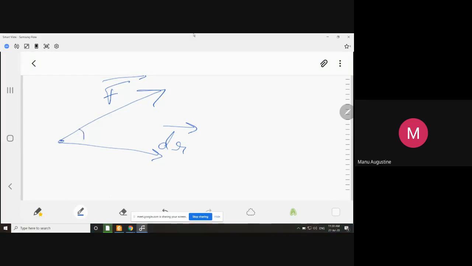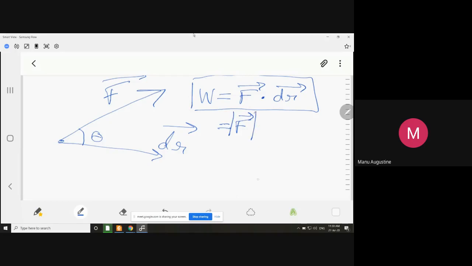And these two have an angle included of theta. Then the work done is defined as the dot product of the force and the displacement vector. This is the actual definition of work. And the dot product in itself, when expanded, gives you the formula. You take the magnitude of force, multiply it with the magnitude of displacement, and put in the factor of cos theta.